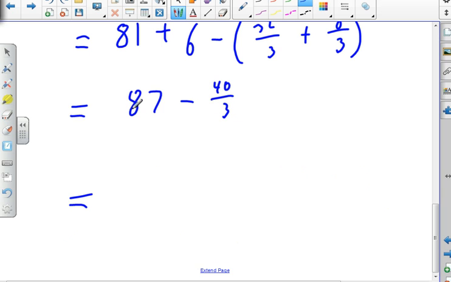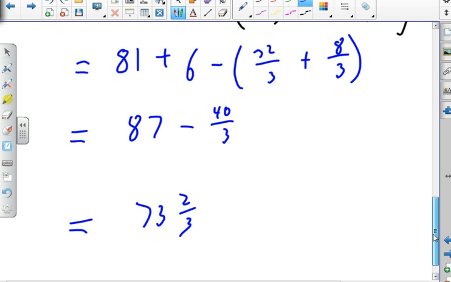So I subtract away 13, and I have 73 and 2/3. And at that point, we take out our calculator.